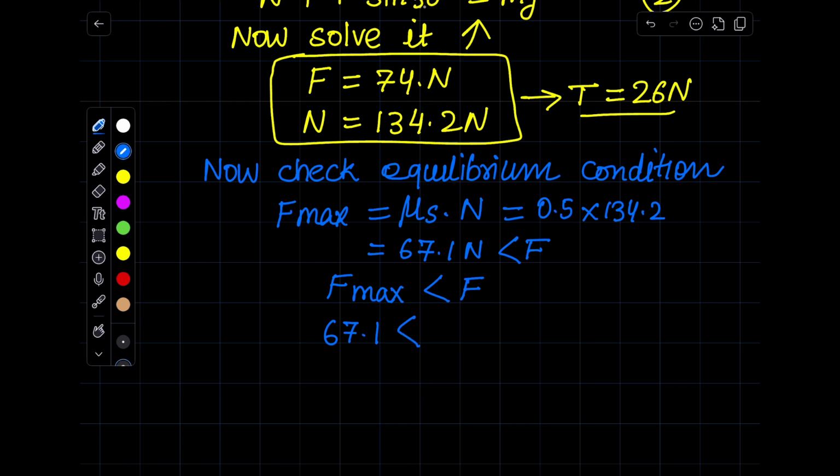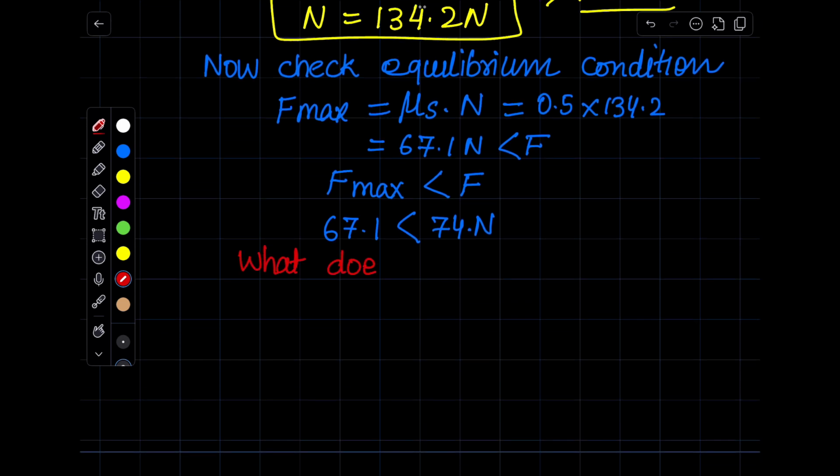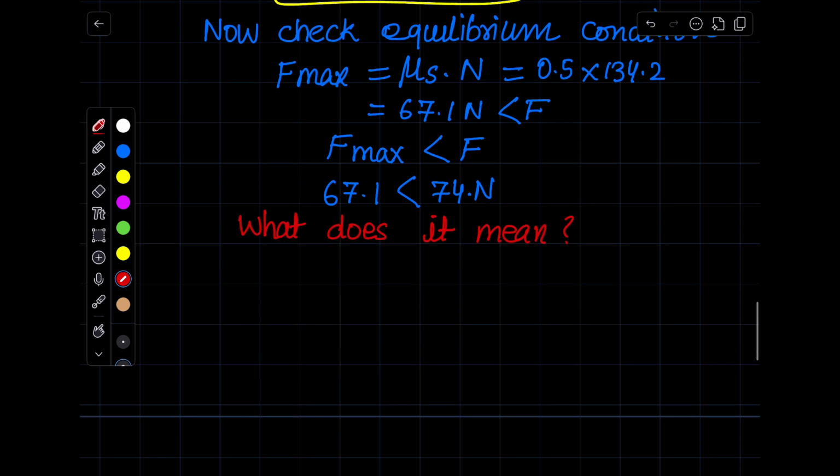Why? Here it is very simple. The maximum force required to move this block was 67.1 Newton. But after applying T equal to 26 Newton in the cable, the force which we have calculated, F, is higher. So it means that the block is now moving.